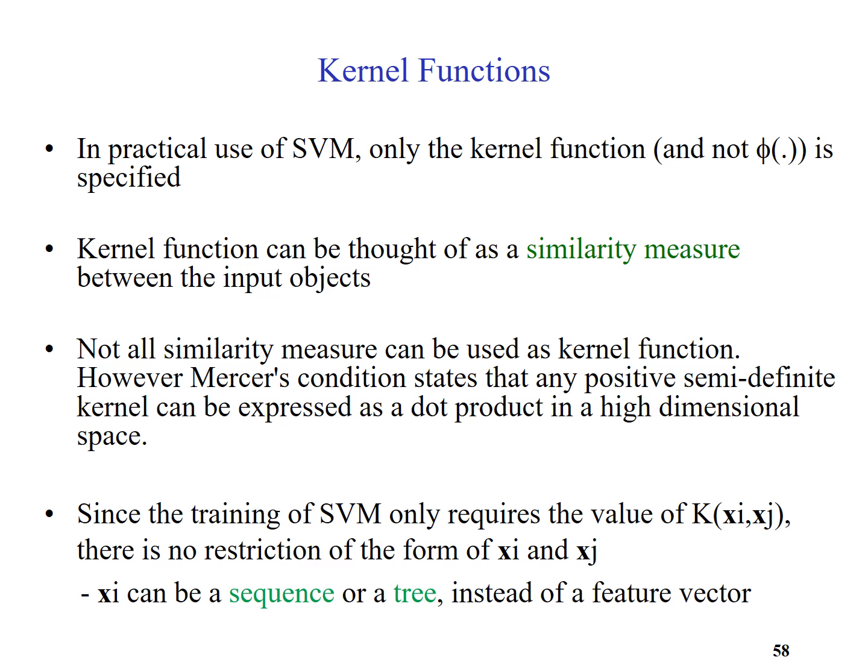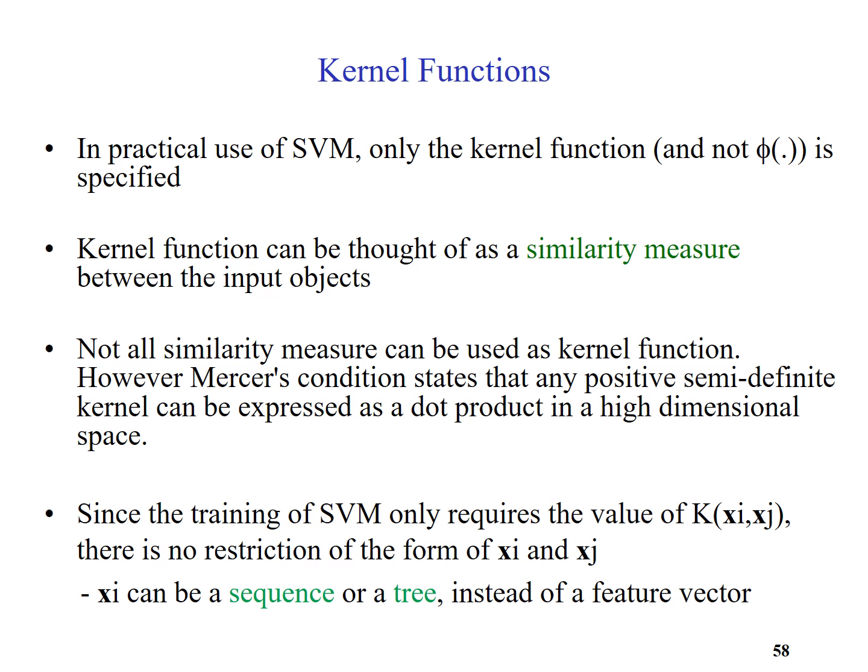So, when you come up with a kernel function, you have to consider two factors. The first is that the kernel function is a similarity measure, and the second is that it satisfies Mercer's condition.